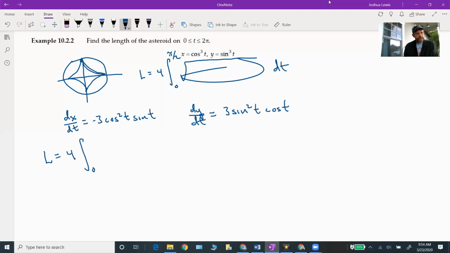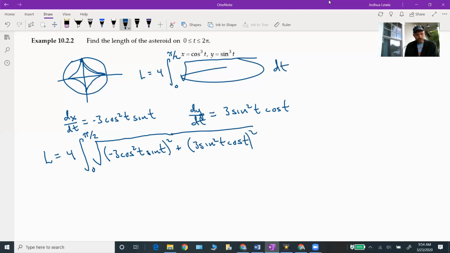will be 4 times the integral from 0 to pi halves of the square root of negative 3 cosine squared t sine t, squared, plus my dy/dt, dt. And let's just kind of see where this takes us, right?